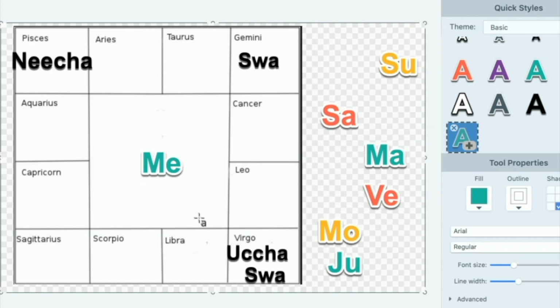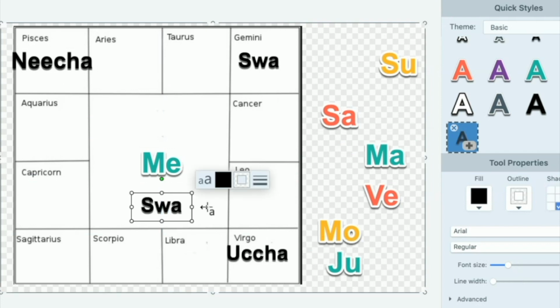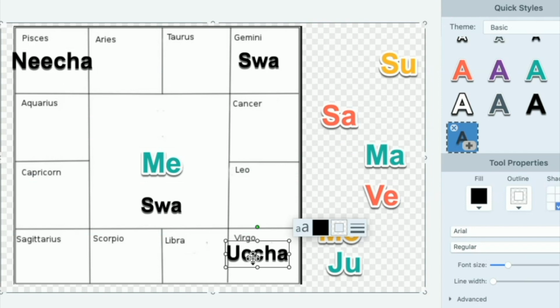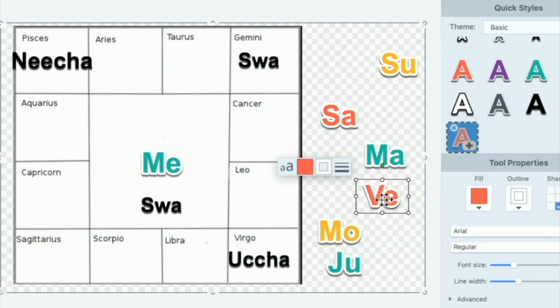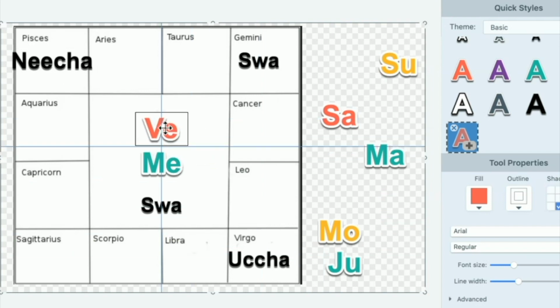I'm just trying to have you guys remember why it's exalted and debilitated in that sign. So I'm trying to give you a quick trick. For example, Virgo is the debilitation of Venus, but it's the exaltation of Mercury.